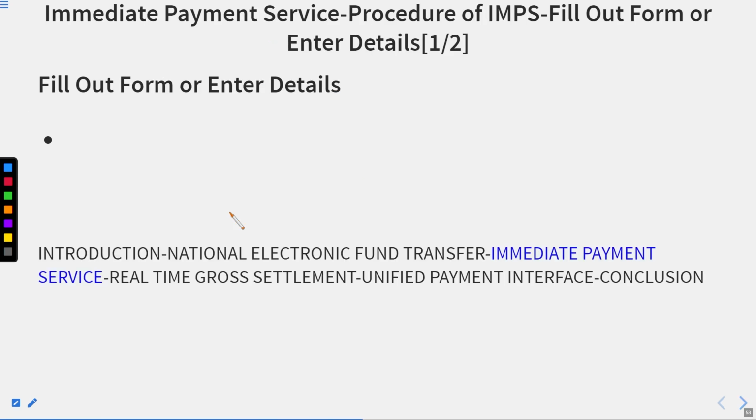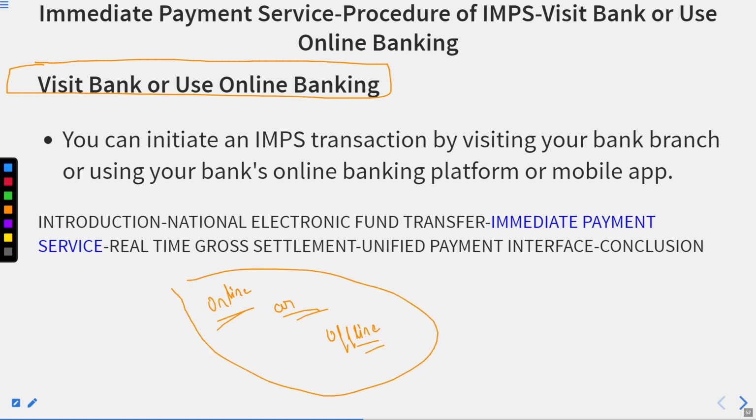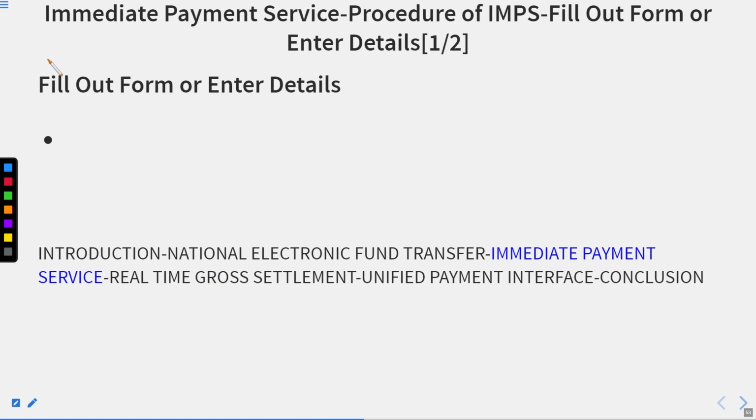So basically, if we start from where we left in the previous lecture, we left in the procedure of the IMPS, like visit bank or use of online banking, in which we have seen that IMPS is available in both modes, online or offline. Now we are discussing the offline mode: fill out the form or enter details.